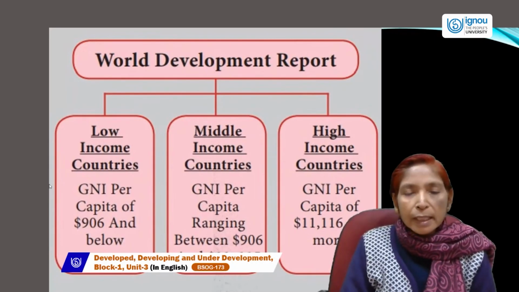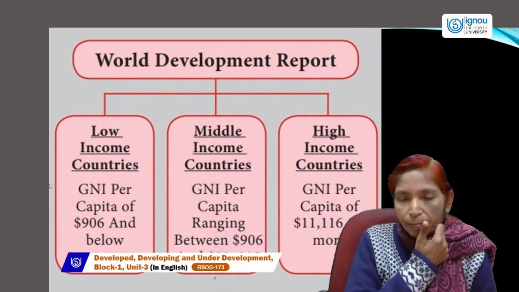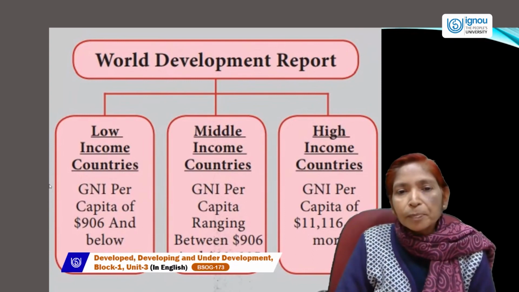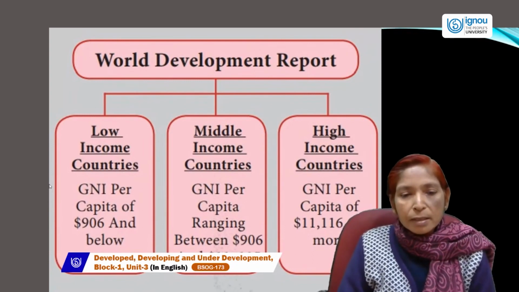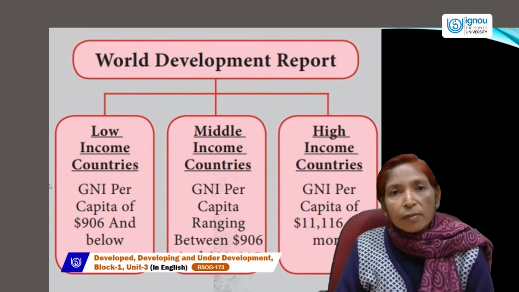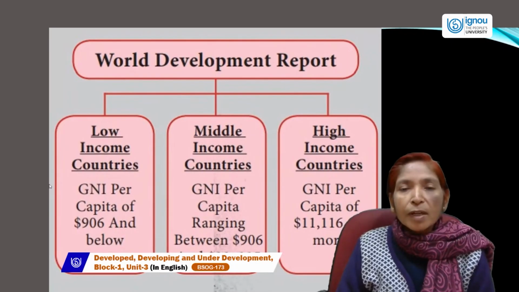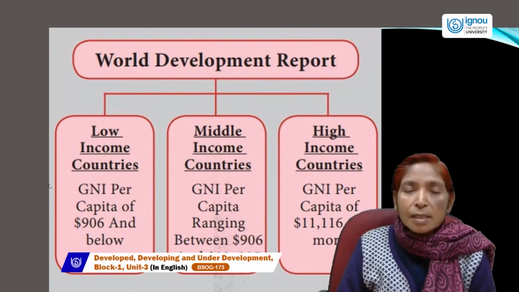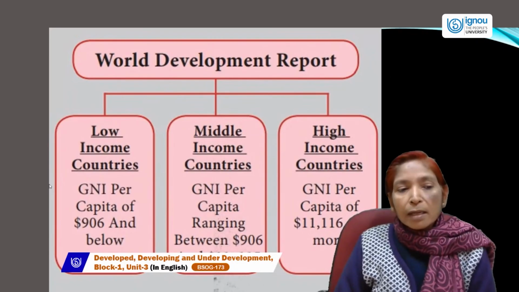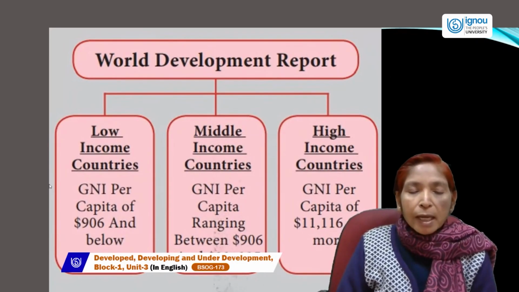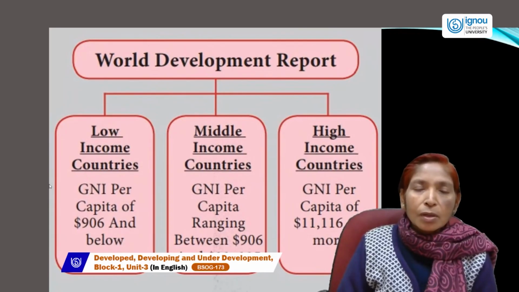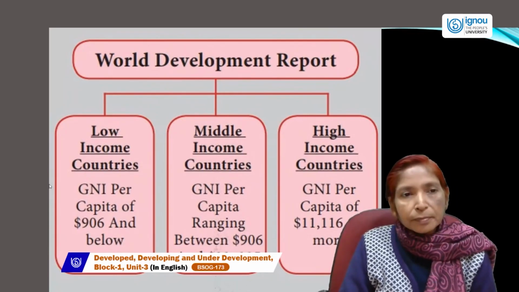Time to time this criteria changes because as time passes and the standard of living and the national income of the country is increasing, this range of GNI per capita is also going to change.